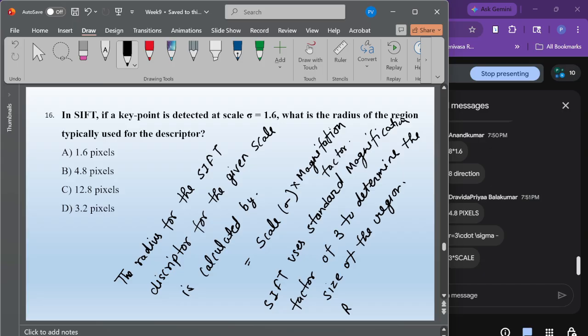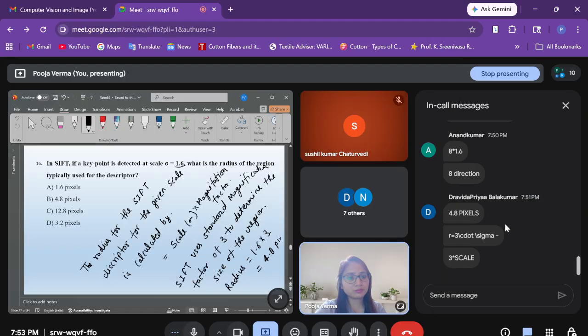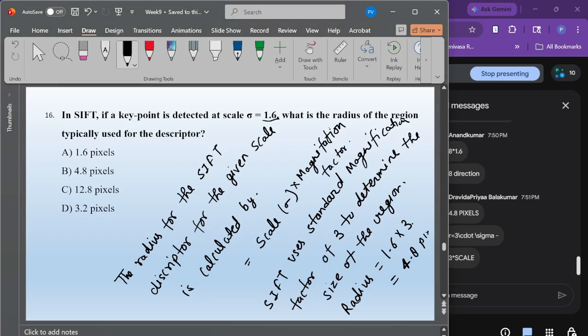So the radius is calculated by scale into magnification factor. Scale is given here as 1.6, into 3. If you calculate, it is 4.8, so 4.8 pixels will be there. Yes, that is correct, 3 into scale. So option B is the correct answer for this question.